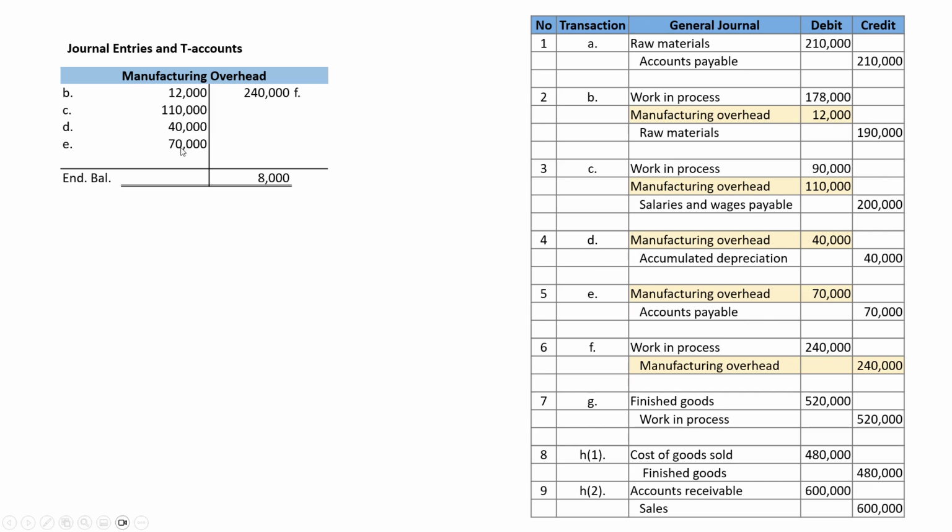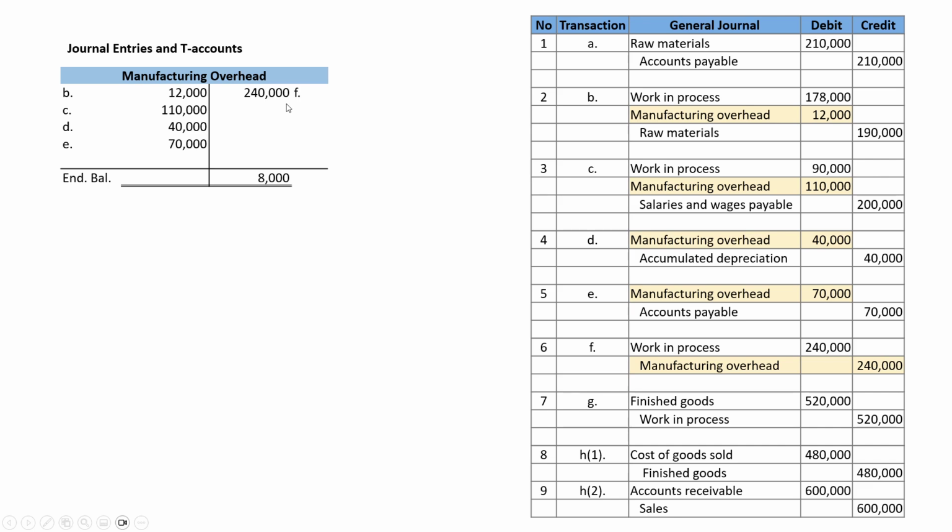The other increase to manufacturing overhead is going to be for journal entry E, where we have some other miscellaneous catch-all things, like electricity costs and stuff like that, that's included as part of manufacturing overhead. So that's all our increases.